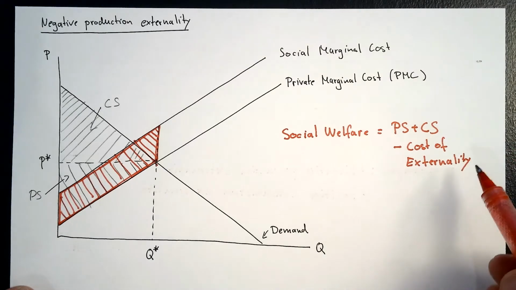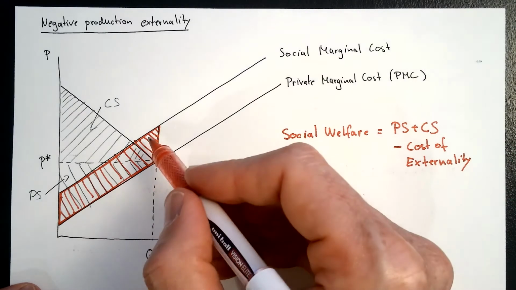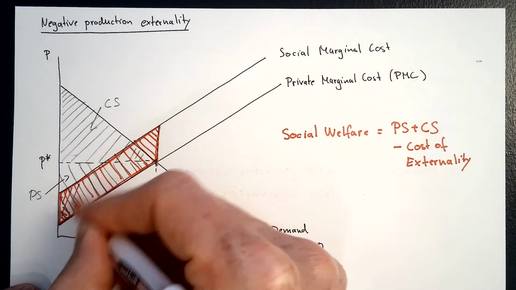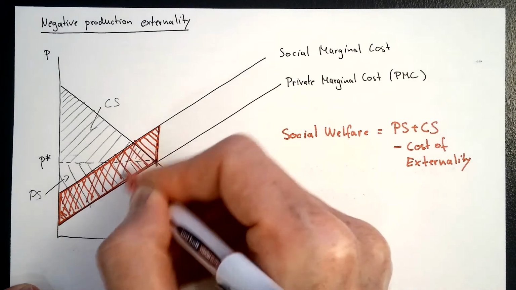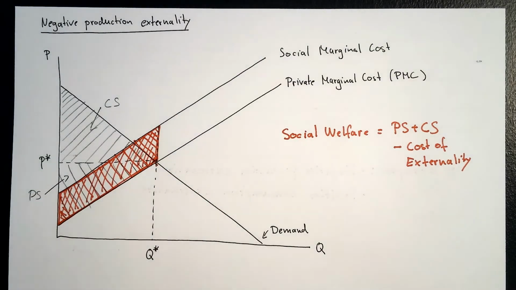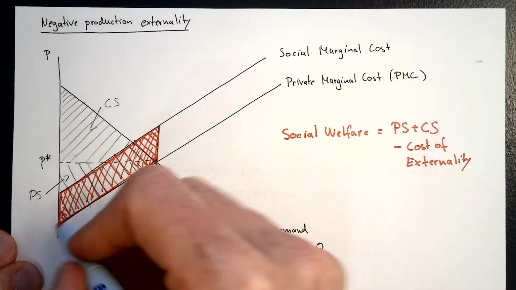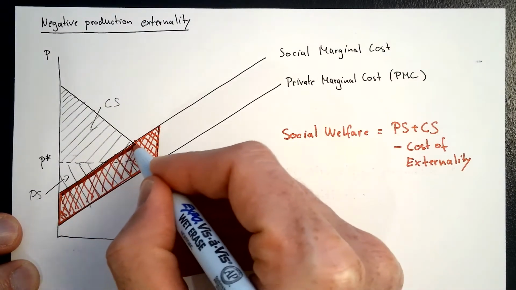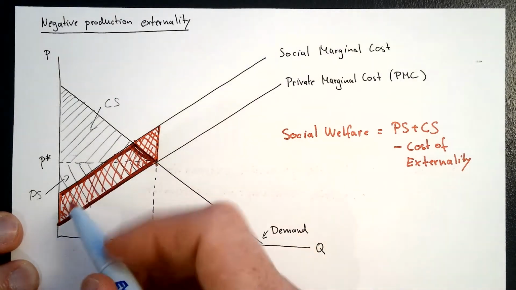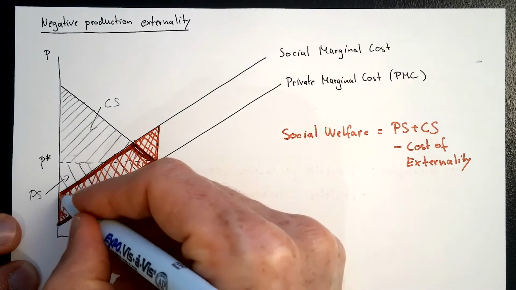And the cost of the externality is equivalent to this area here. Okay. So what you can see now is that this area here is covered by a combination of producer surplus and consumer surplus.